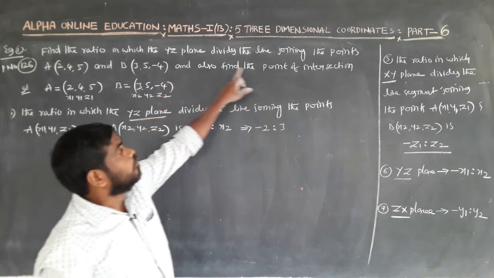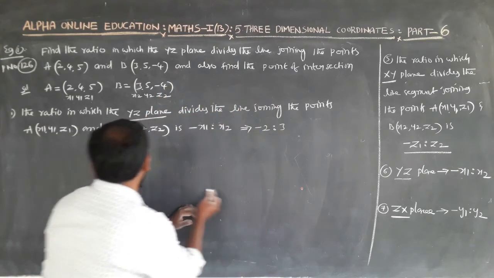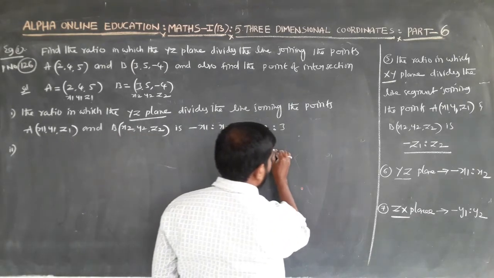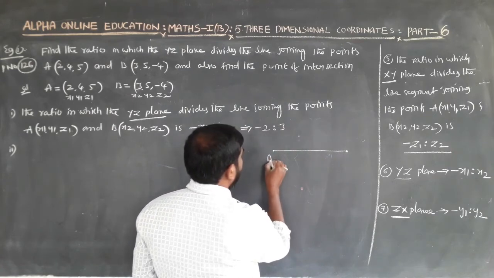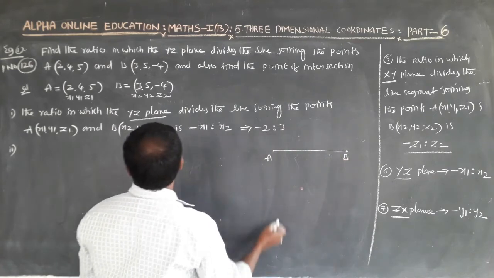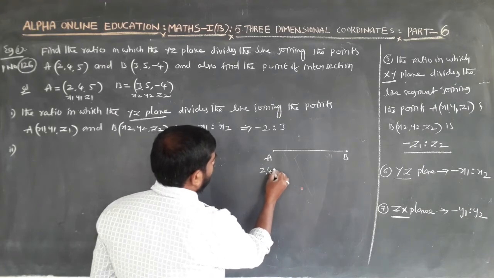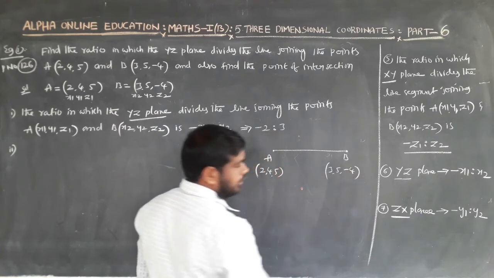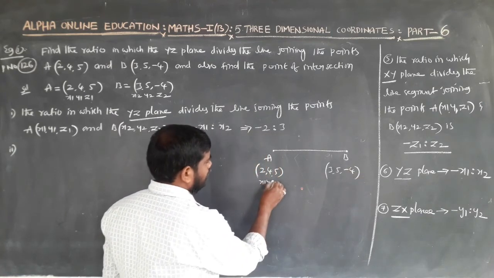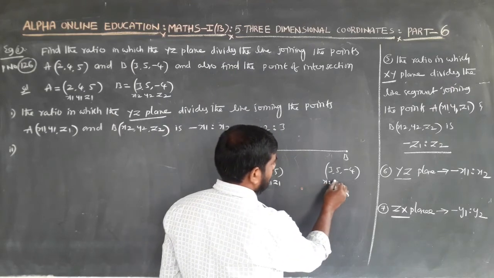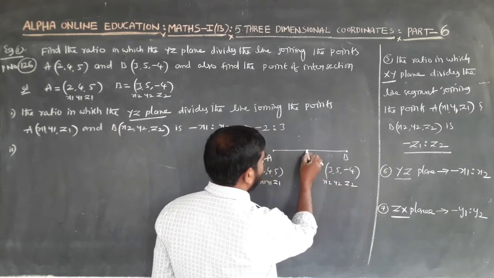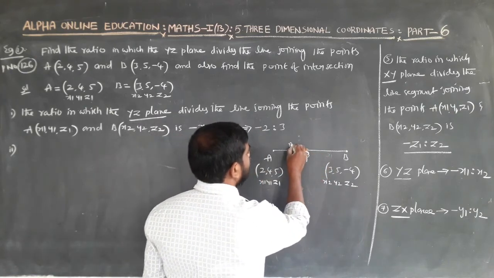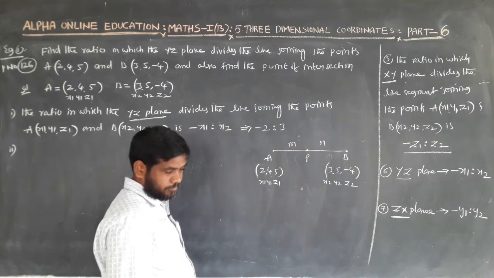And also find the point of intersection. A is the point (2, 4, 5) and B is the point (3, 5, -4). Let A be (x1, y1, z1) and B be (x2, y2, z2). Suppose P divides the line segment AB in the ratio m is to n.